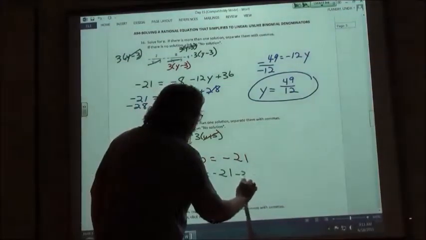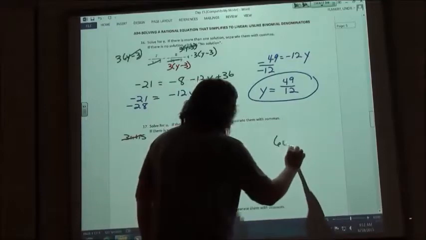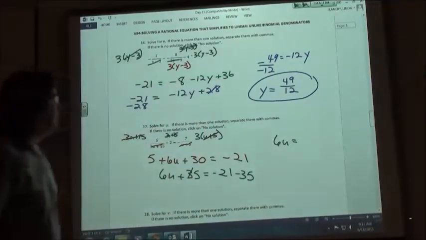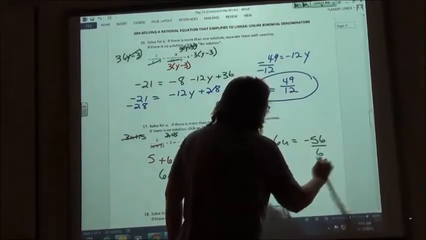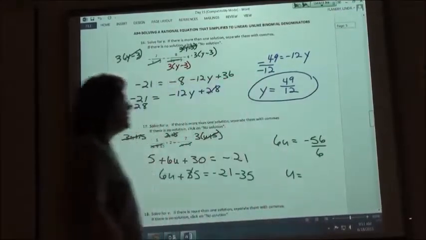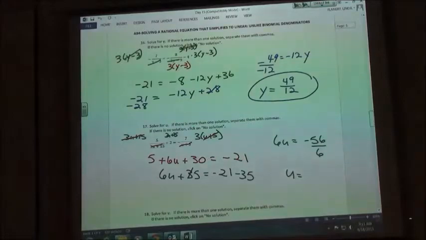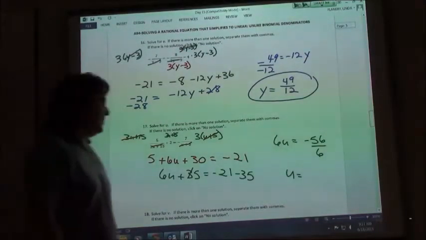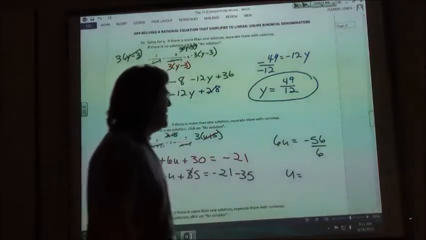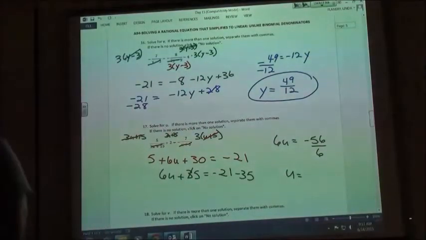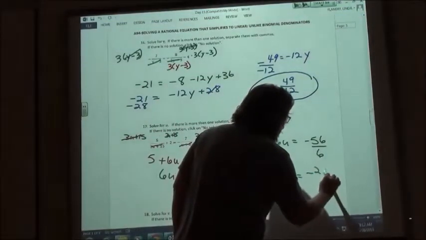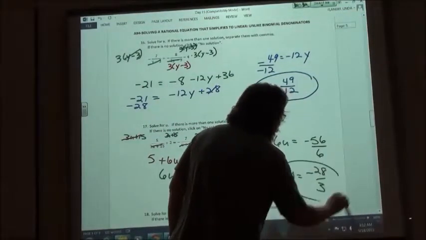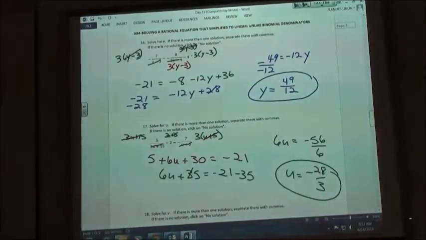Subtracting my 35, I would get 6u equals negative 56, and when I divide by 6 and reduce my fraction down, my answer is negative 28 thirds, right? Since I have a negative over a positive, I'm going to stay negative.